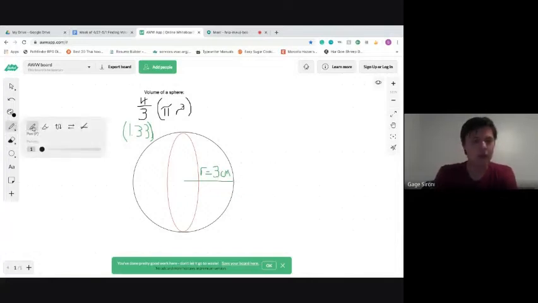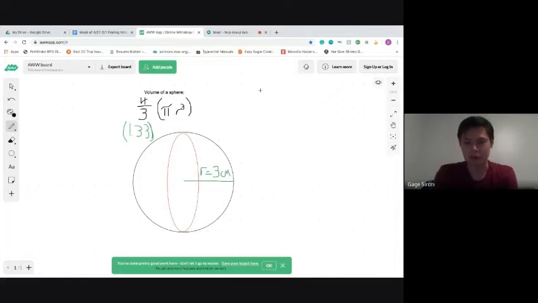Okay, so in order to solve for the volume of this sphere, I take my radius, plug it in here, and then solve as best I can. So we're going to take our radius and substitute it in for the r value in our formula, and that way we're able to solve for the volume of the sphere.